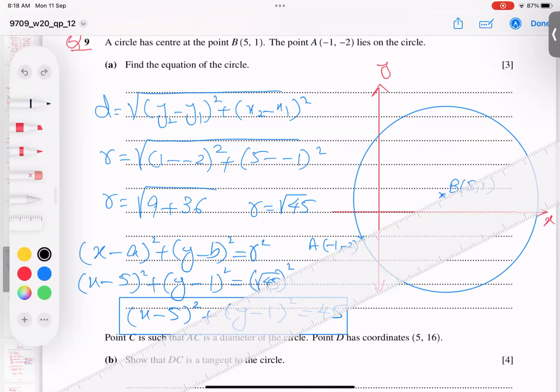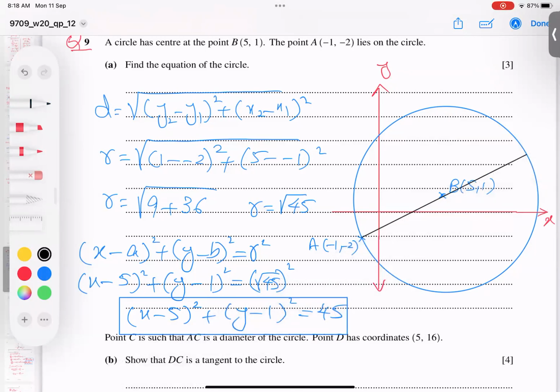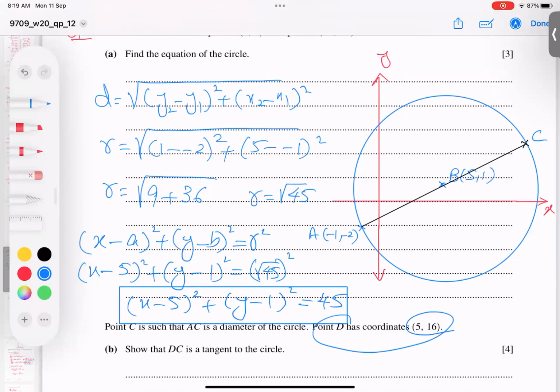If I make this black color line, it becomes very clear and this behaves as a diameter. AC is a diameter, so this point is C. We can say clearly this is point C. Then he's saying D is (5, 16) somewhere.